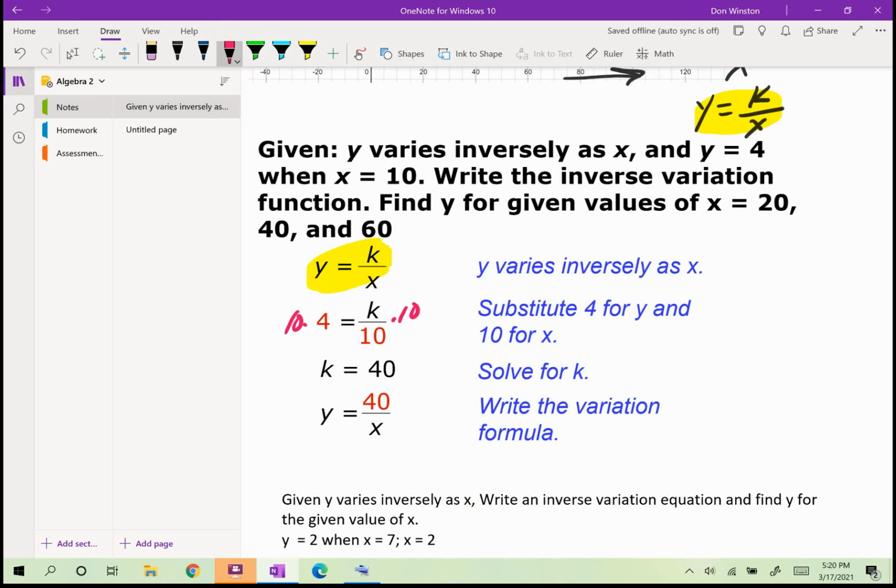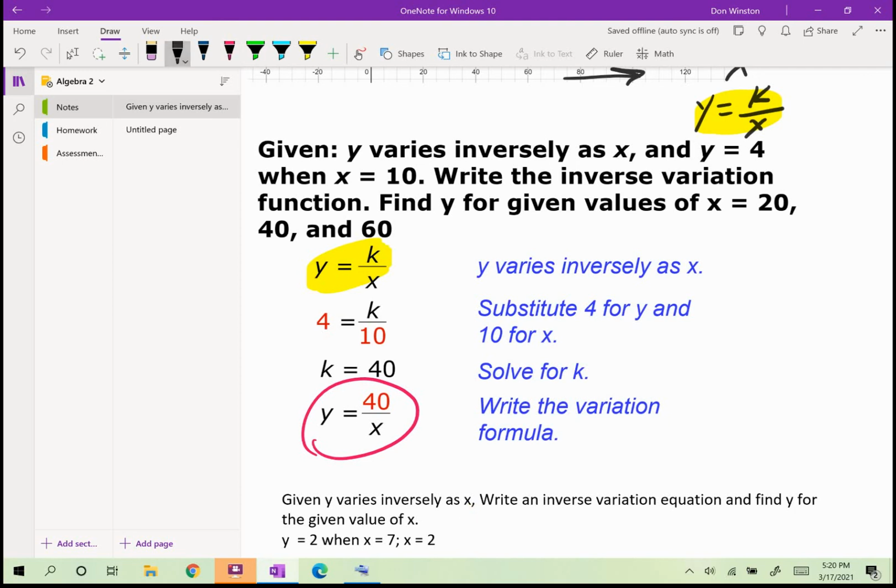So k is equal to 40. And so my inverse variation equation is y is equal to 40 over x.